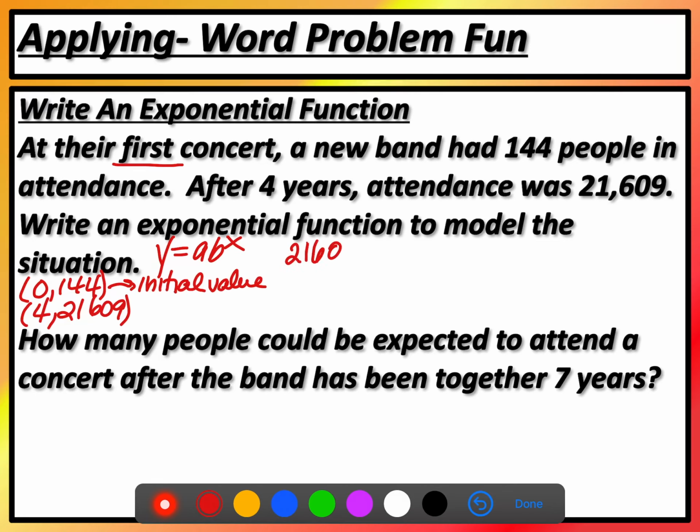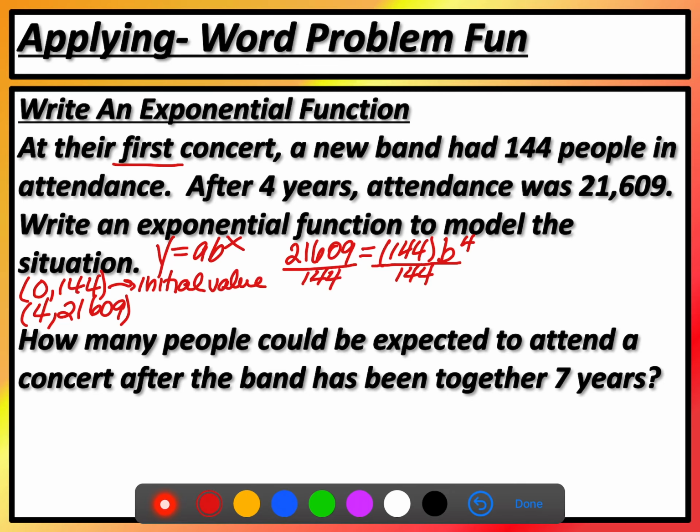So 21,609 equals my initial value 144 times b, and my exponent is 4 here. You're going to be solving for the base. In order to solve for the base, we have to get it by itself, so we're going to divide by 144.